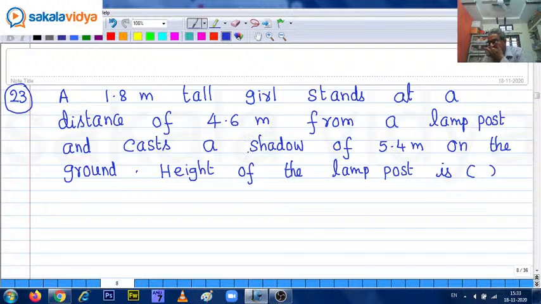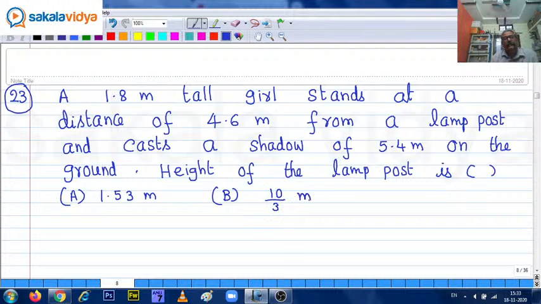Height of the lamp post: A, 1.53 meters; B, 10/3 meters; C, 13.8 meters; D, 0.8 meters. Which is the right answer?